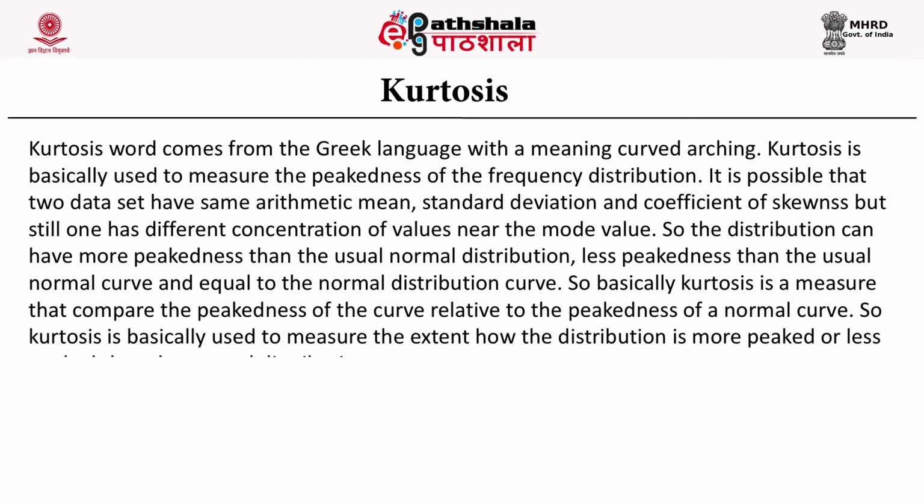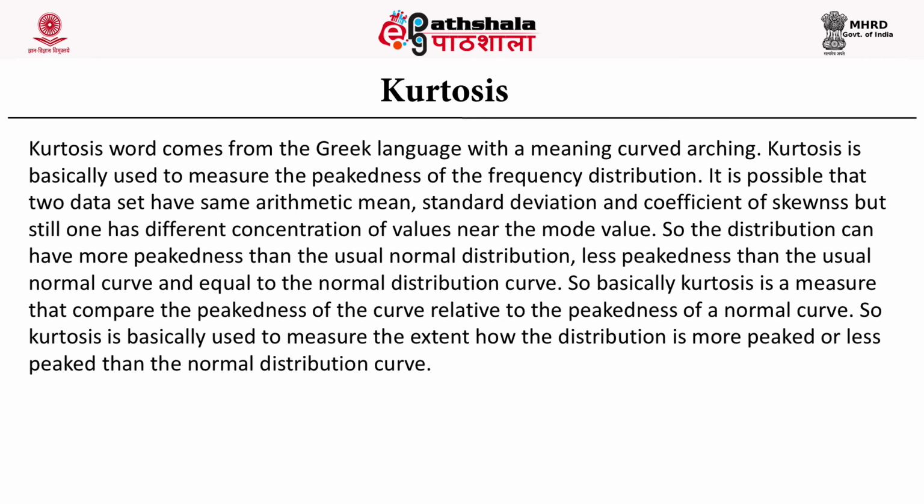So the distribution can have more peakedness than the usual normal distribution, less peakedness than the usual normal curve, or equal to the normal distribution curve. So basically kurtosis is a measure that compares the peakedness of the curve relative to the peakedness of a normal curve. It measures the extent to which the distribution is more peaked or less peaked than the normal distribution curve.